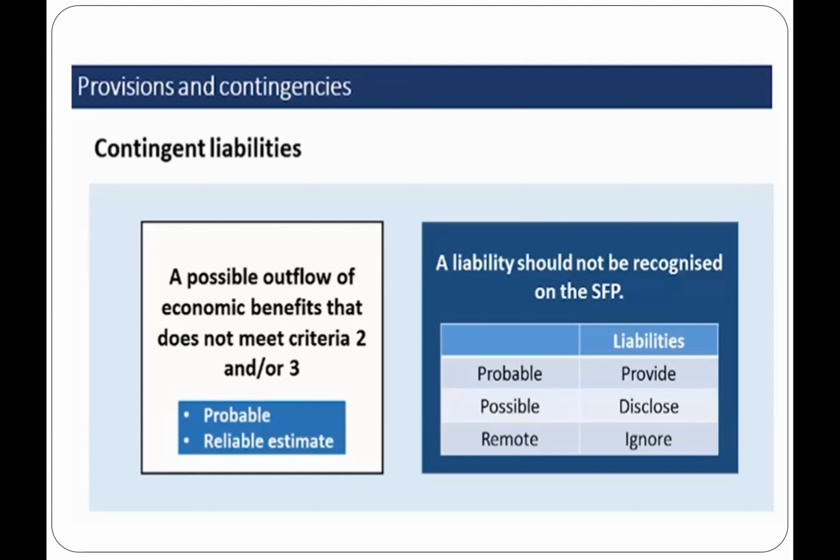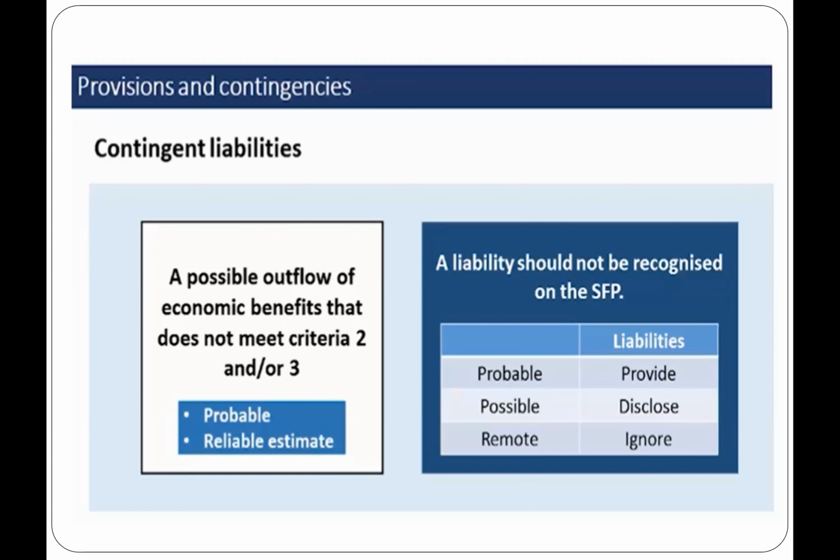But if it is remote, let's say, for example, the standard does not explain what remote and possible are. It simply explains that probable means 50% or higher. It means more than 50% actually, and possible means less than 50%.